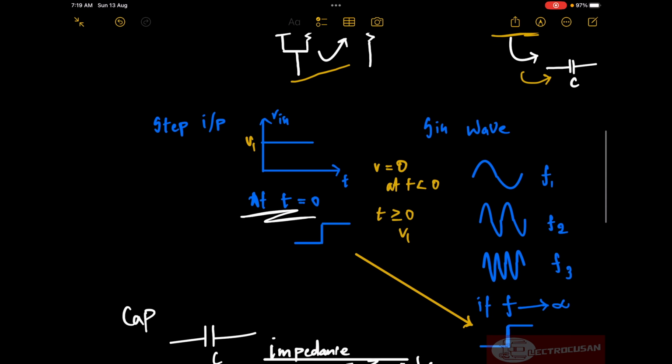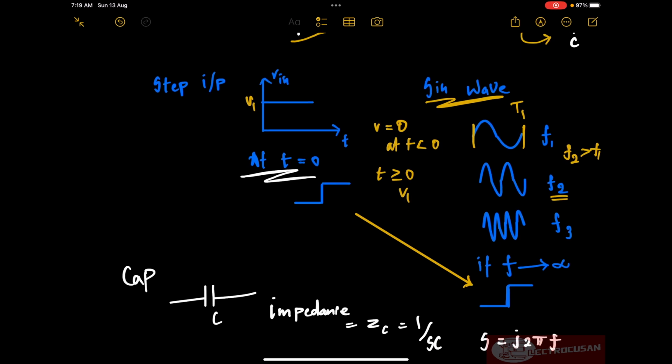Now looking at a simple sine wave with, say, f1 frequency. If you try to increase the frequency of this sine wave to, say, f2, here I have assumed f2 greater than f1, you see there are multiple waves in a single time period, right? Assume this as t1 time period.